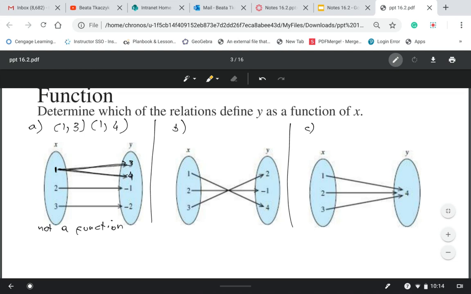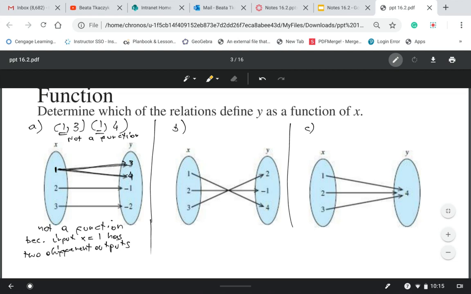This is the meaning of what I mentioned, that x can't repeat. Here x repeats, and x has two different outputs. So again, not a function, because input 1 has two different outputs.